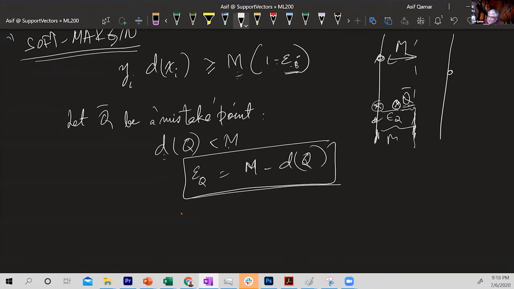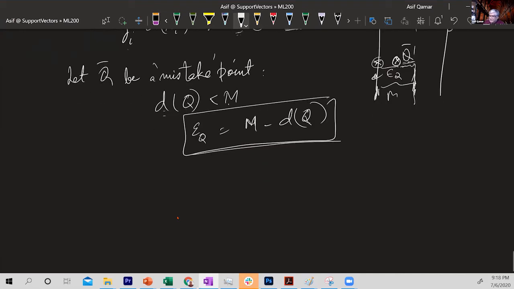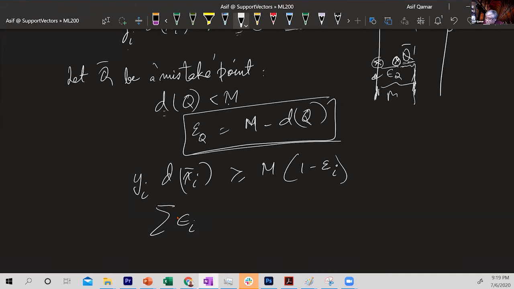And then the rest of the equation. To come back to it, what are the basic rules? You want to say that for all points, d(xi) is greater than or equal to M, up to some tiny mistakes that each of the points can make. Most points should make no mistakes, some points can. But then there is also the constraint: the summation of all the epsilon. Actually, let me use the full other epsilon symbol so it doesn't look like a summation symbol.